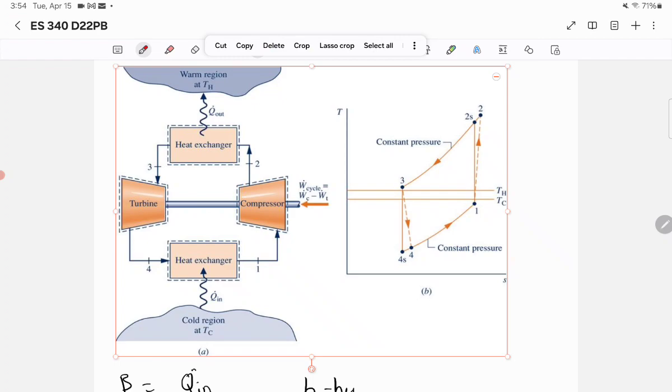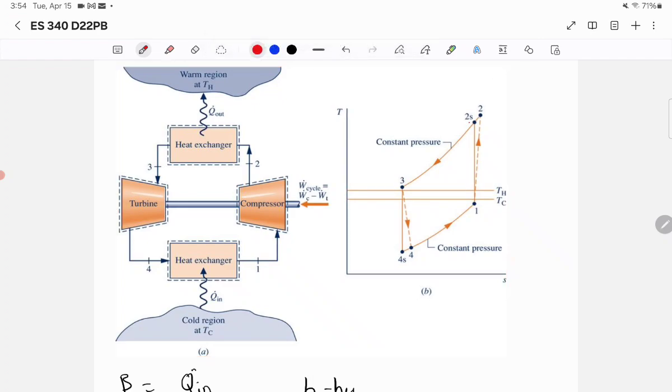But in any case, notice that as you go across the heat exchanger, you're doing this at constant pressure, so you must have a constant pressure process here.